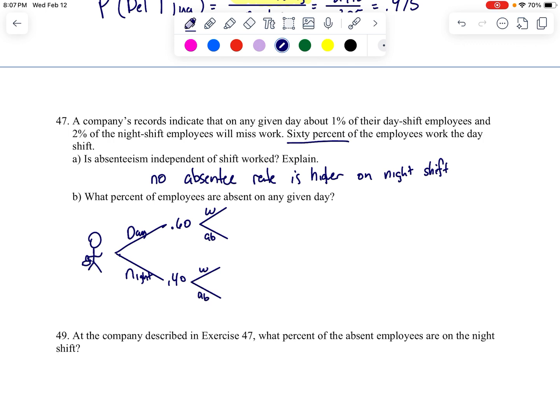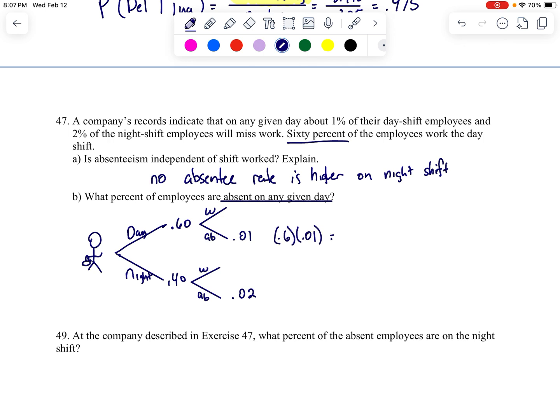And if we come down here, those are the same two things. We are either working or we are absent. Now it says that on the day shift, 1% are absent, and on the night shift, 2% are absent. And it says on any given day, what percent are absent. So I'm actually not even going to worry about any of those working numbers, and I'll probably regret it because I'll want it on the next problem.